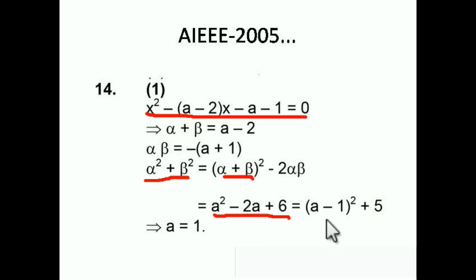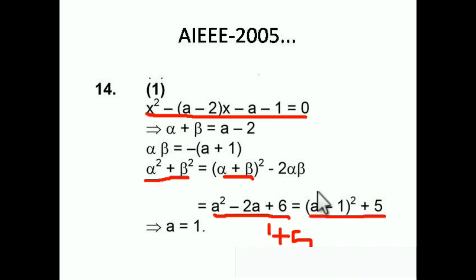Now tell me, for finding the minimum value we just have to do one thing: convert it into whole square form. Here we have the middle term minus 2a, so the last term must be 1. So I write this 6 as 1 plus 5, and this becomes a square minus 2a plus 1, that is (a minus 1) whole square, plus 5.